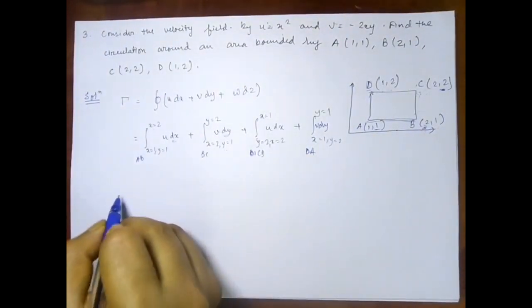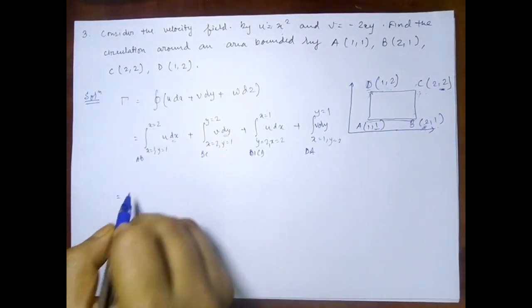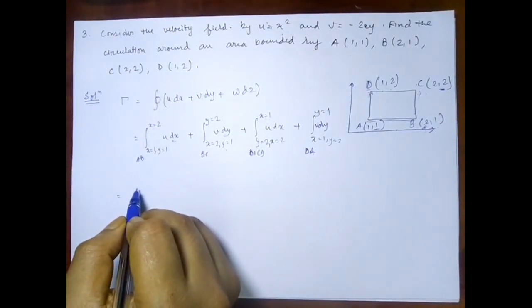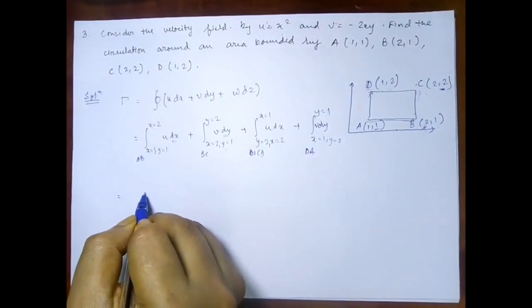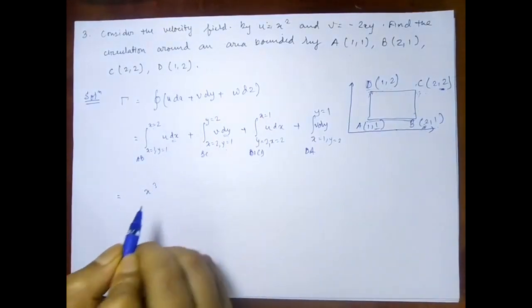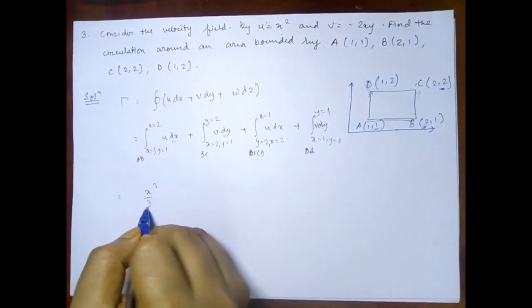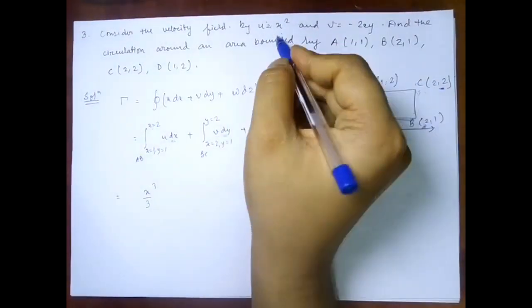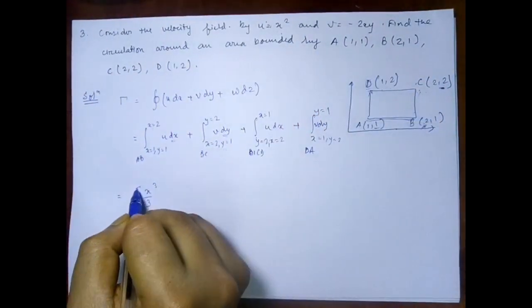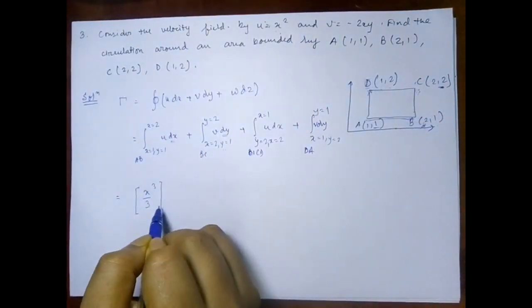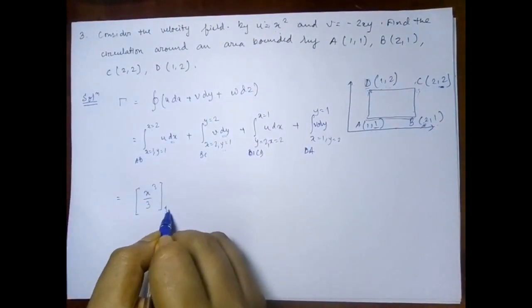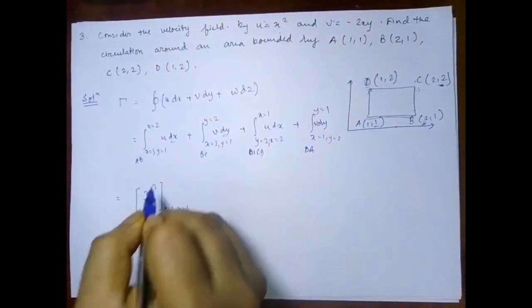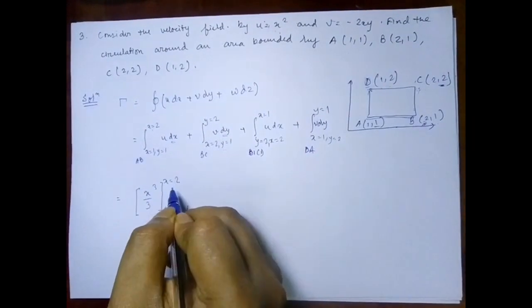Now we will get it by integral of u dx will be x cube upon 3, because u is given as x square, from x equal to 1 to x equal to 2 at y equal to 1.